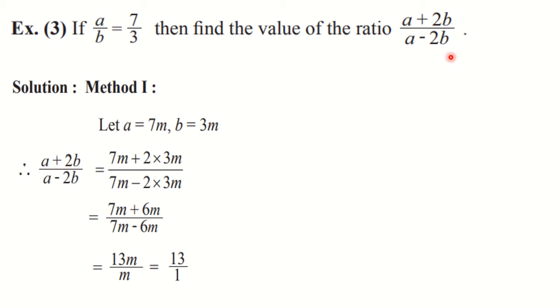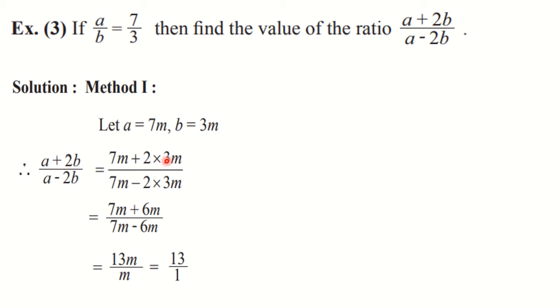Then write down the given question, that is A plus 2B and A minus 2B, and replace A by 7m and B by 3m. In place of A we write 7m plus 2 as it is, and in place of B we write 3m. Similarly, in the denominator, A is 7m minus 2 into B is 3m.